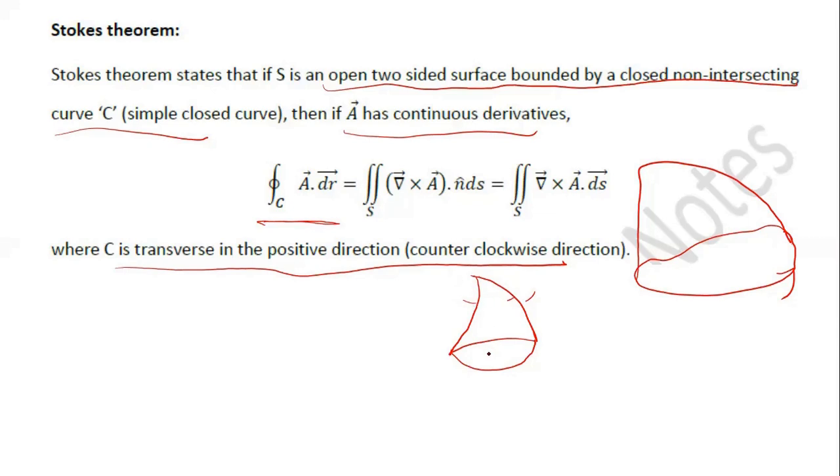So you have a top surface and a bottom surface, considering that this cap is hollow and it is surrounded by a closed curve C here, which is traversing in a positive, counterclockwise direction. Then when you take the vector line integration of this vector field in an anti-clockwise direction, that equals the surface integration of the curl of the vector field.